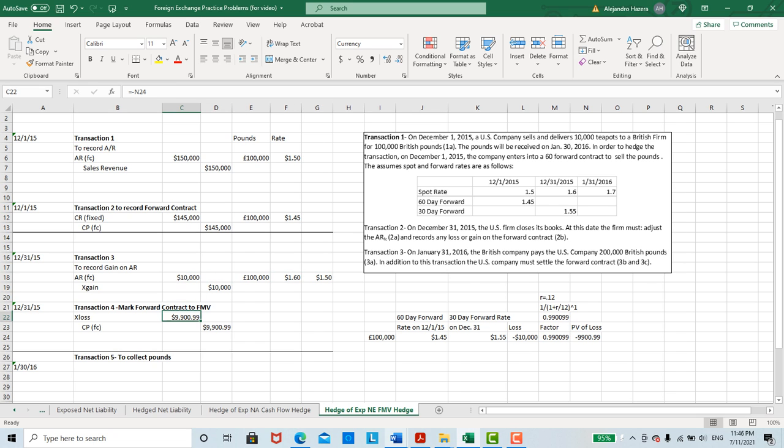And in a sense, the forward contract is being valued on what forward contracts, as their name implies, are looking forward. So initially, the 60-day forward rate, because you were 60 days from settlement, was $1.45. Now you're 30 days from settlement, so you're looking forward, and it's $1.55. So from a payable perspective, that's a loss.